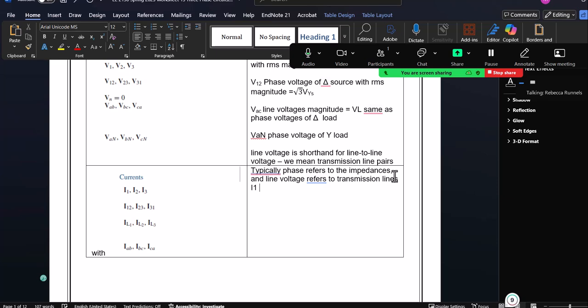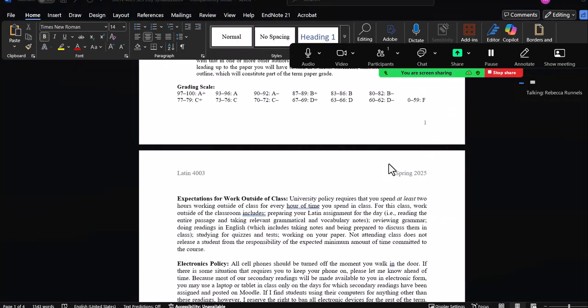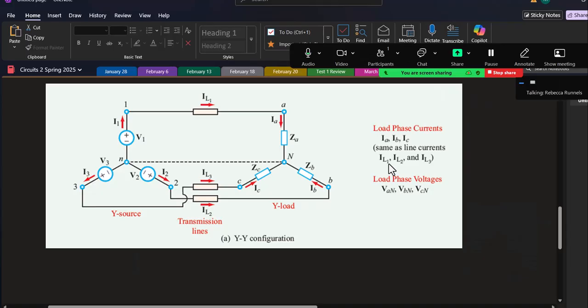So I1 is current in Y. And I12 is current in delta. And we're talking about the source.